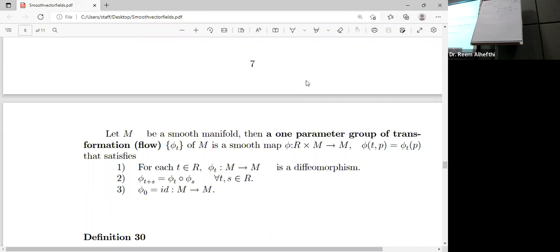No, smooth means C infinity. Actually, all the notions I have defined hold even for C1, except the tangent bundle, which requires at least C2, because the other coordinates are coming from the differential, right?